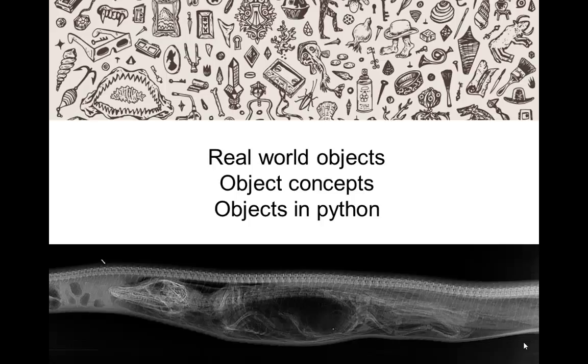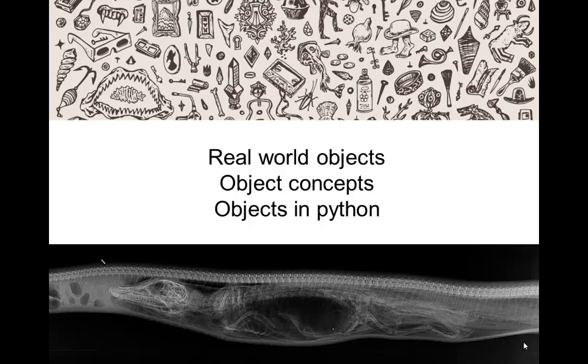Then we'll go into the concepts or ideas that underlie the object model itself. There's five fundamental concepts that the object model is built upon. And then finally, we'll look at how objects are implemented in the Python language.